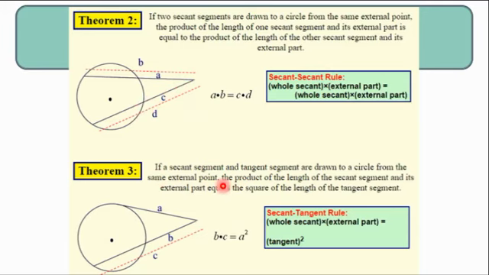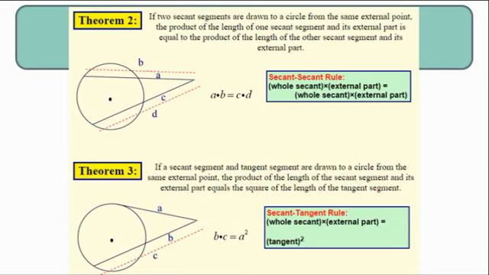And if a secant segment and tangent segment are drawn to a circle from the same external point, the product of the length of the secant segment and its external part equals the square of the length of the tangent segment.